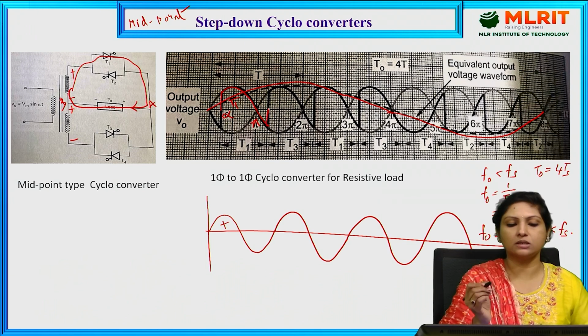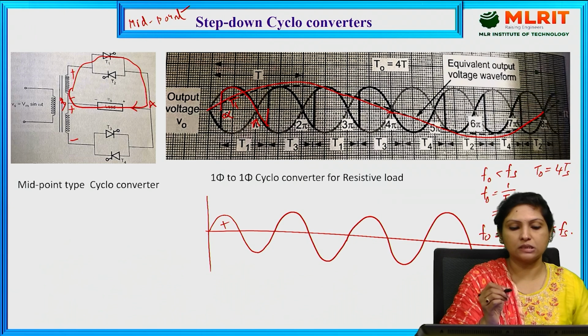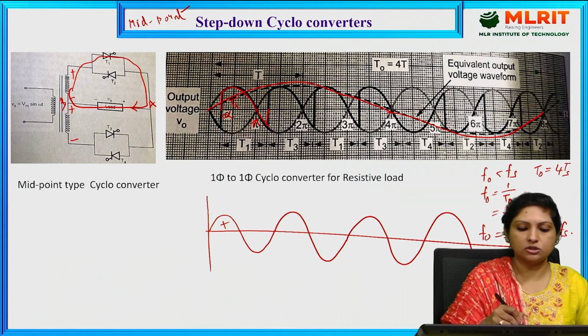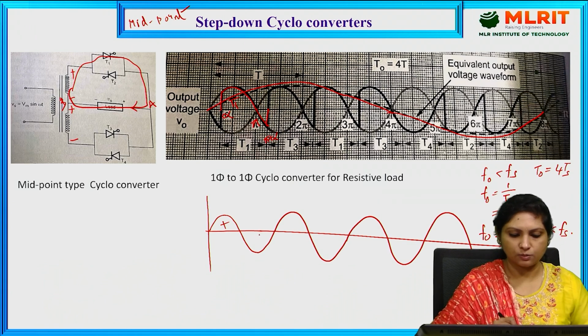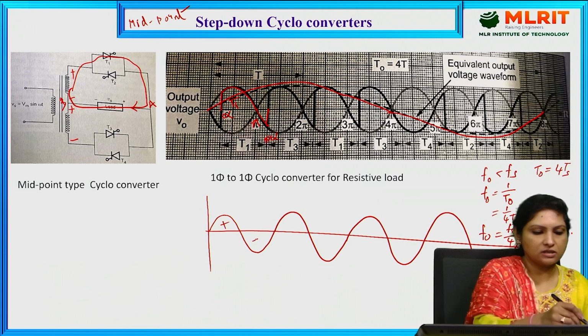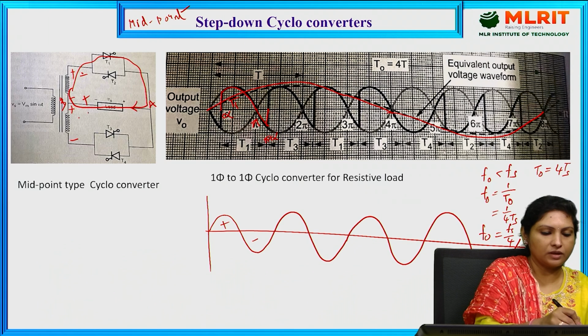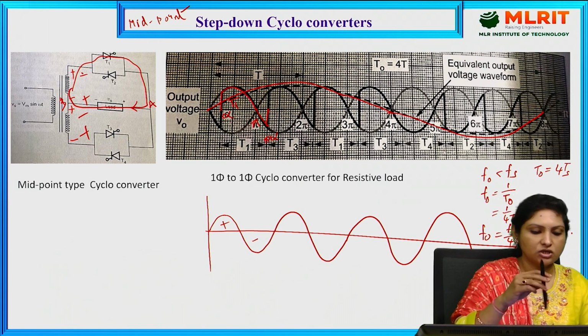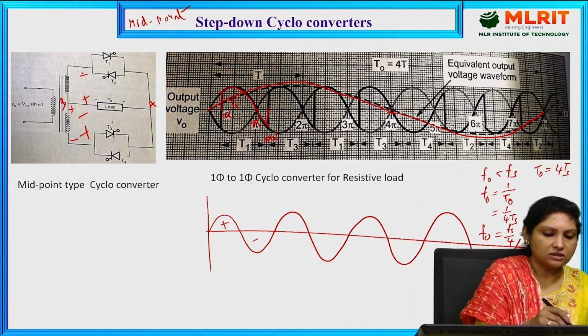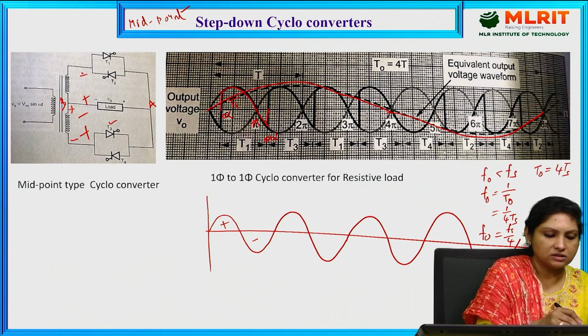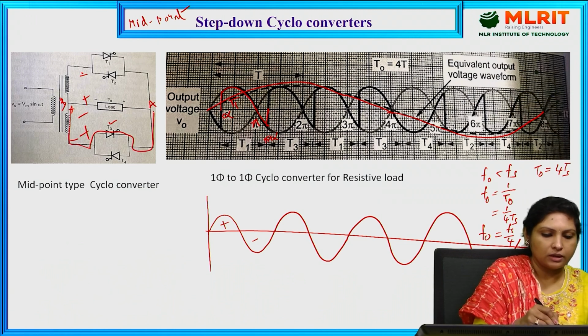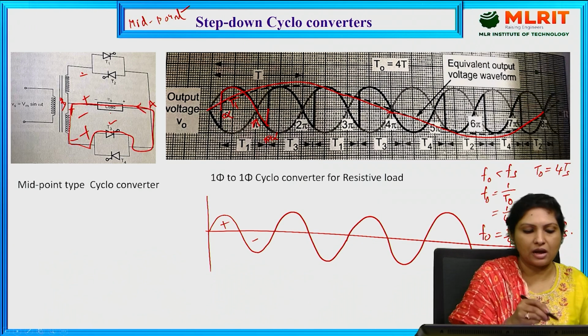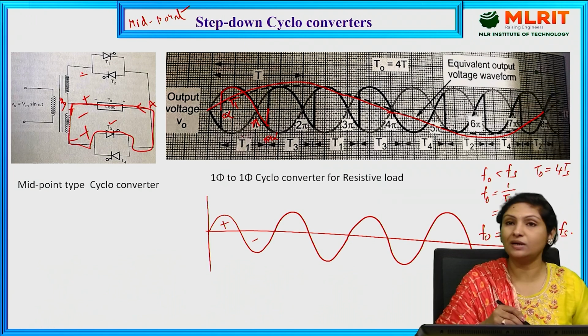The moment it reaches pi plus alpha, thyristor 1 is turned off, and at this instant, negative half cycle has appeared, because of which polarities will be negative, positive. In order to obtain positive half cycle of the output voltage, I need to trigger thyristor 3 such that thyristor 3 conducts current through the load in this direction, that is from A to B, the same direction as in the first case when T1 conducted.